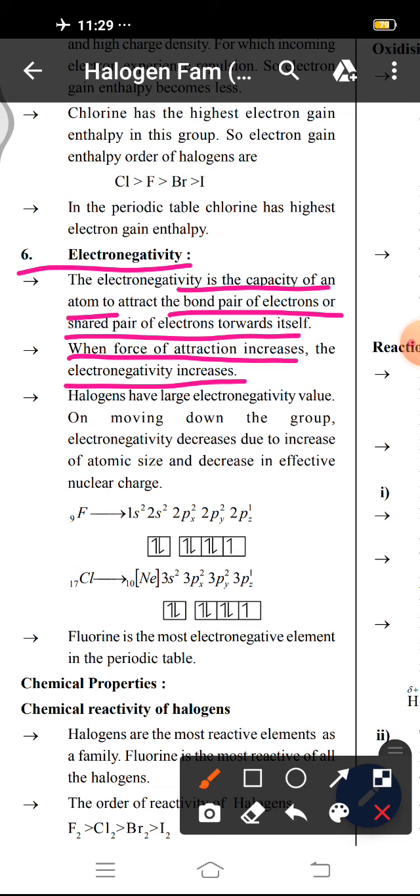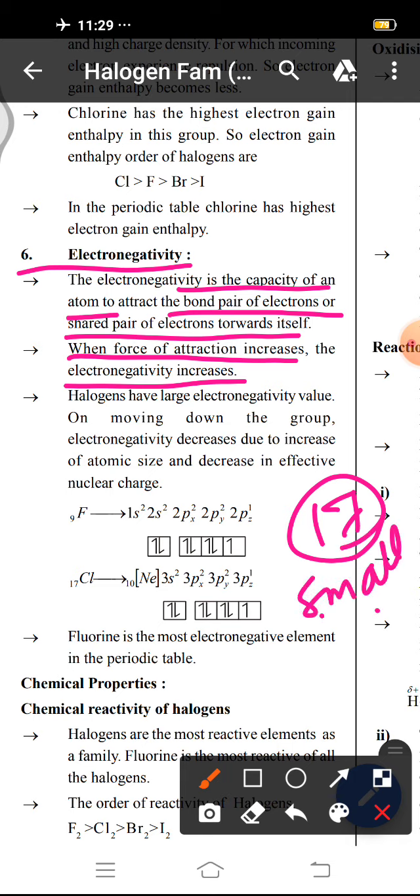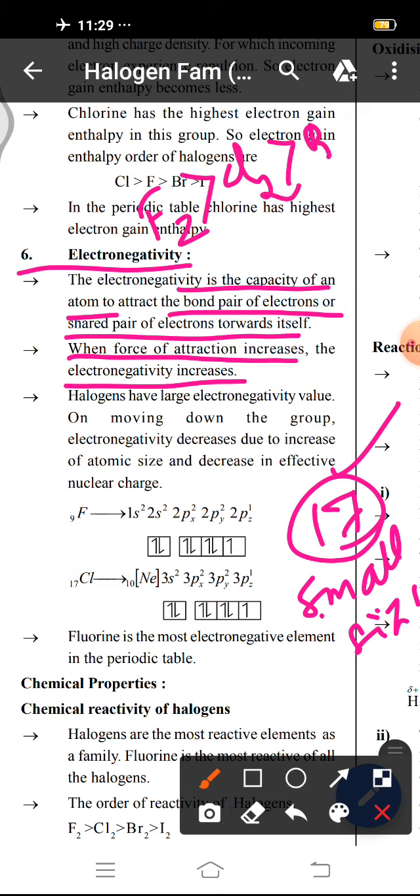So in the whole periodic table, group 17 elements have the highest electronegativity due to their smaller size. And in group 17, fluorine has the highest electronegativity due to its small size. The order of electronegativity of group 17 elements is fluorine greater than chlorine, greater than bromine, greater than iodine.